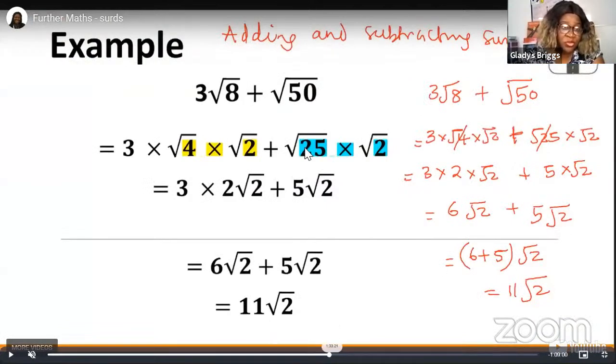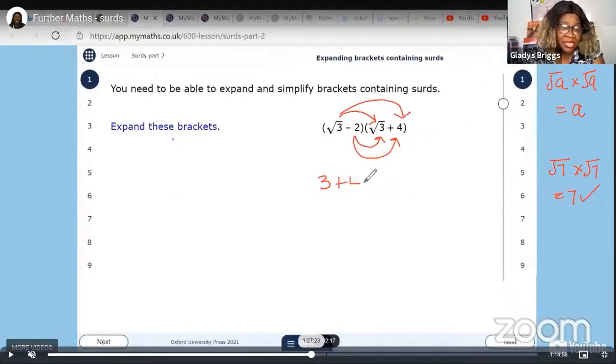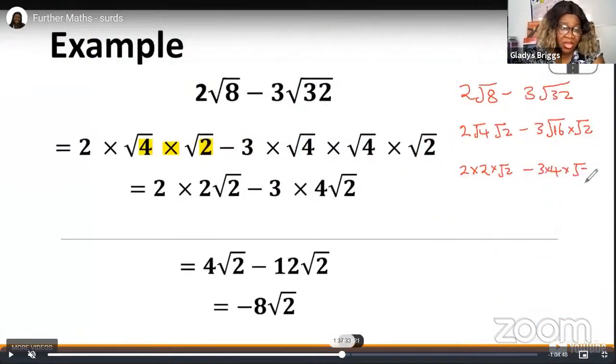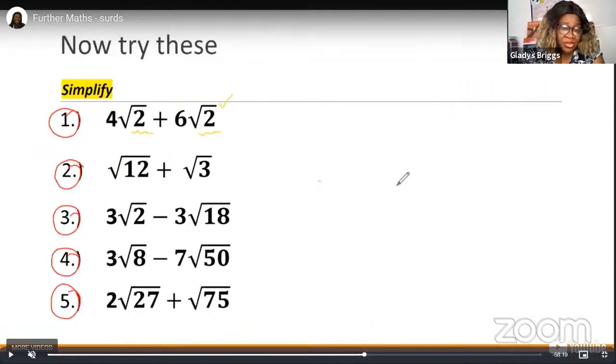Okay, and so you need to know how to expand brackets with surds. That's very important. And you also need to know how to add and subtract surds. I'm just going to pick up a couple of questions from here for your exams. So make sure that you practice them very well.